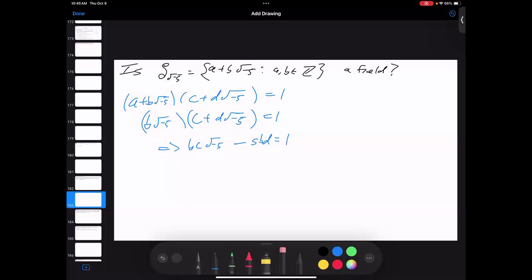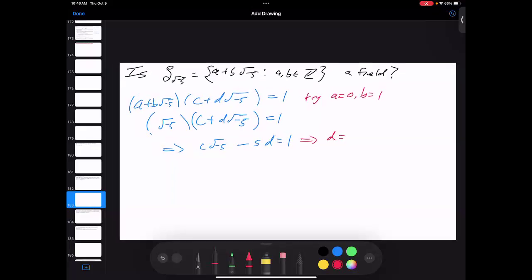Well, actually, let's make life easy for us. Let's take the value of 1 for B. So we'll try A equals 0, B equals 1. If you want C times the square root of negative 5 minus 5D equals 1, what does D have to equal?